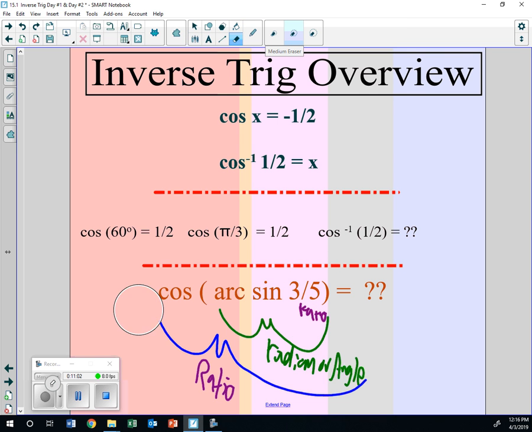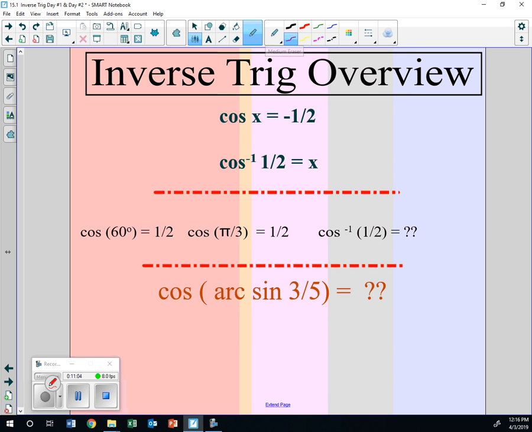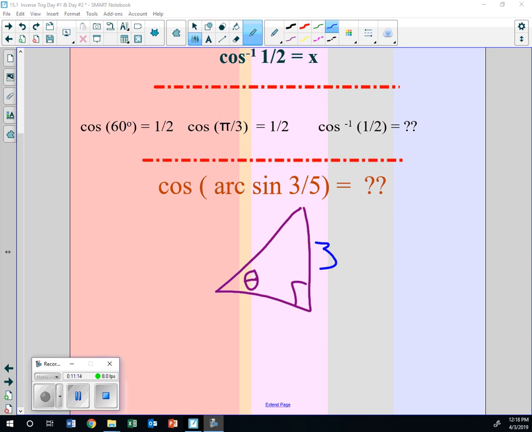Every time you see inverse in parentheses, I want you to make a triangle. So we make a triangle, and then sine tells us we can take this ratio 3/5. We can complete it. 25 minus 9 is 16.